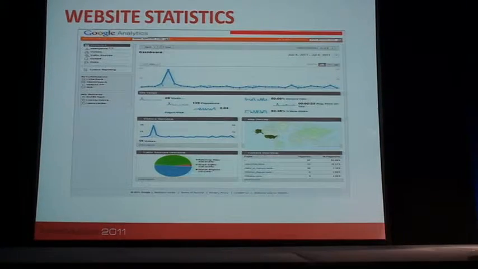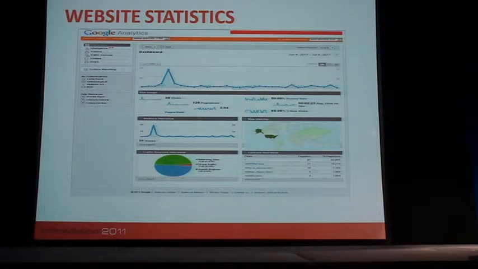The next one, website statistics. Again, Google comes again to give you all that information that you need. Now, the video portion is fairly easy because once you set up your channel, all you have to do is go back to your channel in the video portion of Google, and it gives you all those statistics.